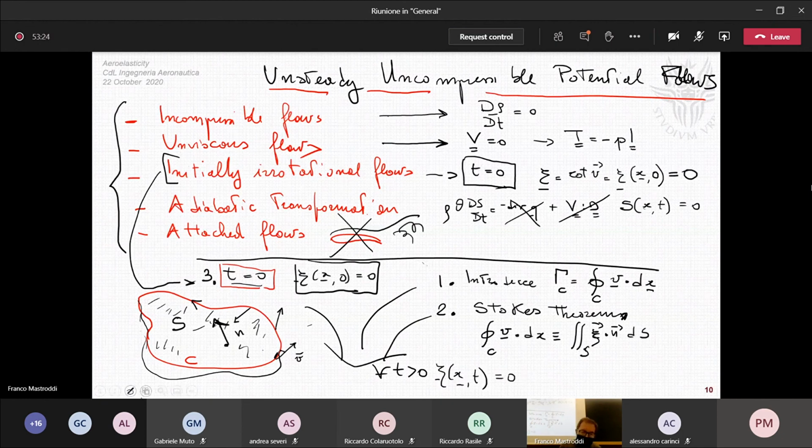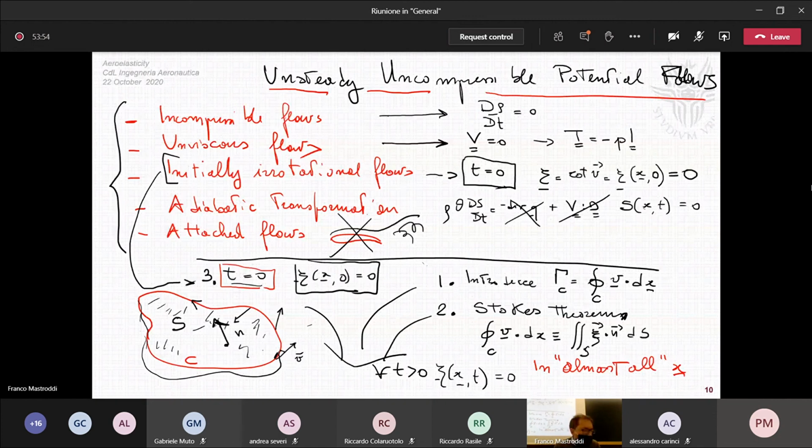But please underline this point, in almost all x. So we have to exclude some special point by this property.